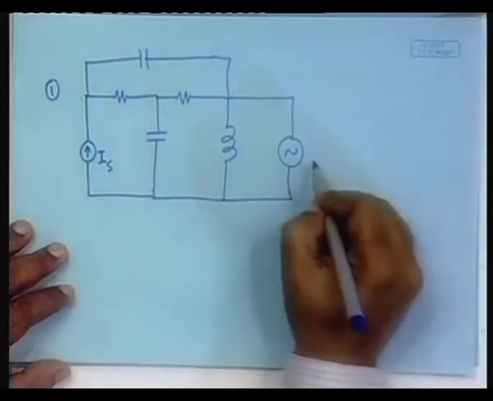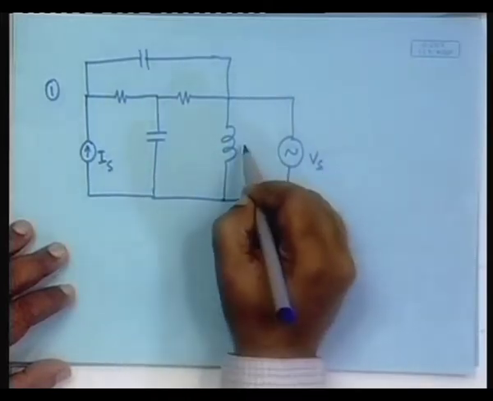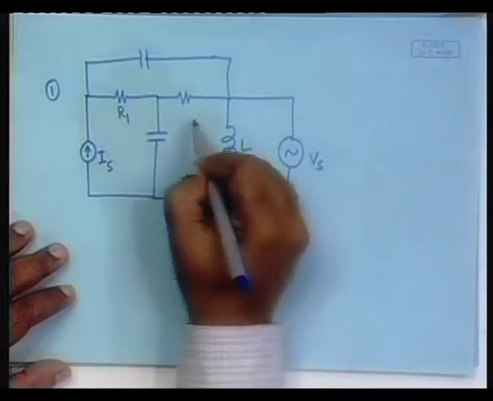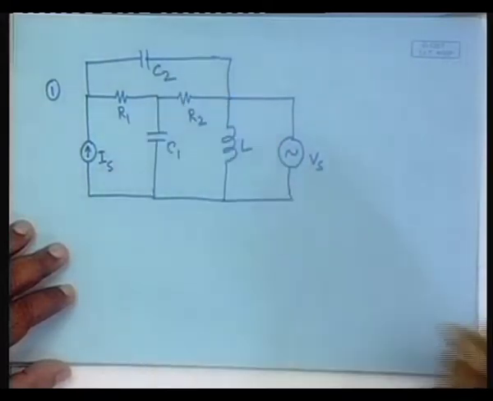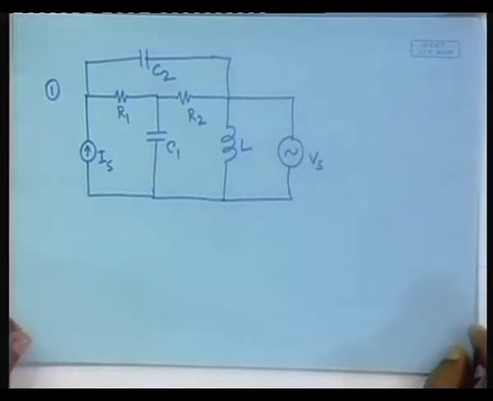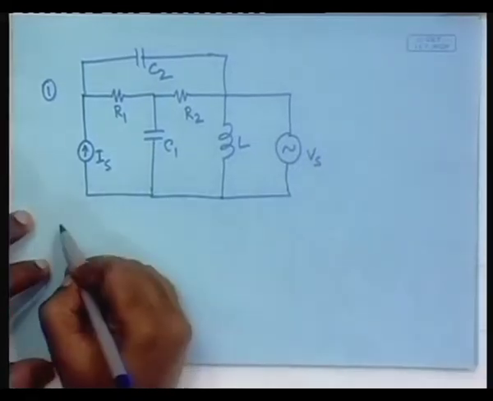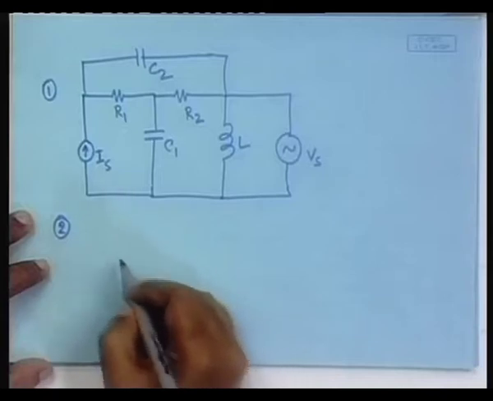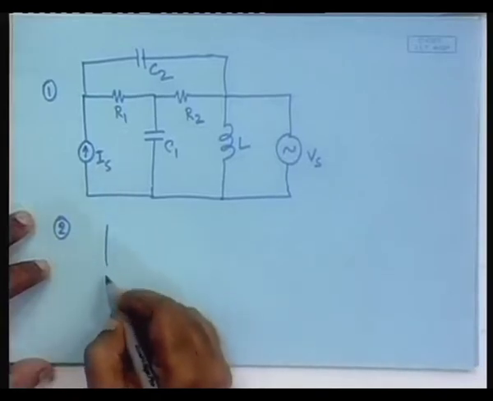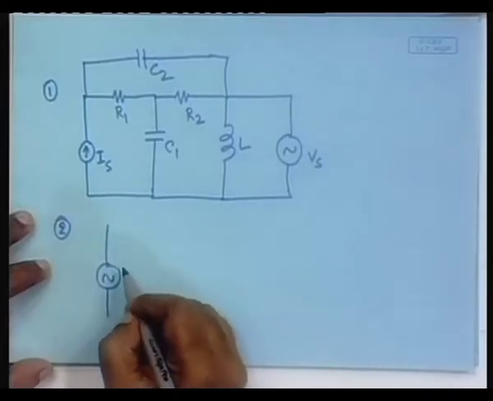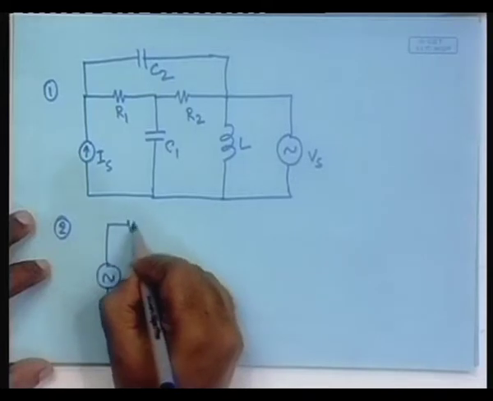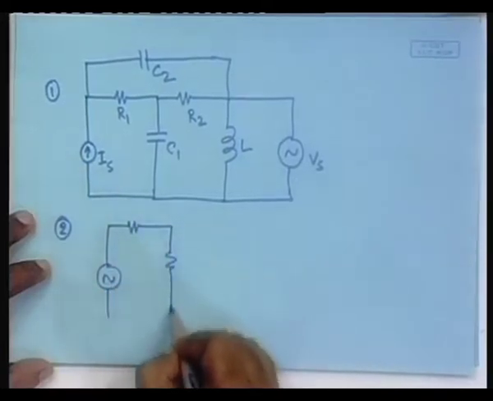The source current, source voltage, L, R1, R2, C1, C2. Fine. Number 2, there is a source here, then it is connected to a resistance, to another resistance here.